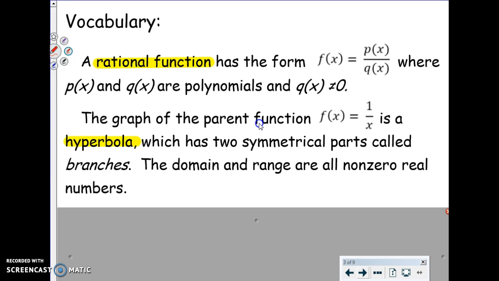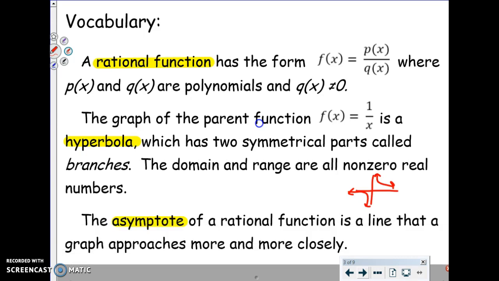You guys know what that looks like. Sketch a little graph right here. We got this branch, and we got that branch, right? And the domain and range are all non-zero real numbers, because on our parent function, it does not go through the x-axis, and it does not go through the y-axis.